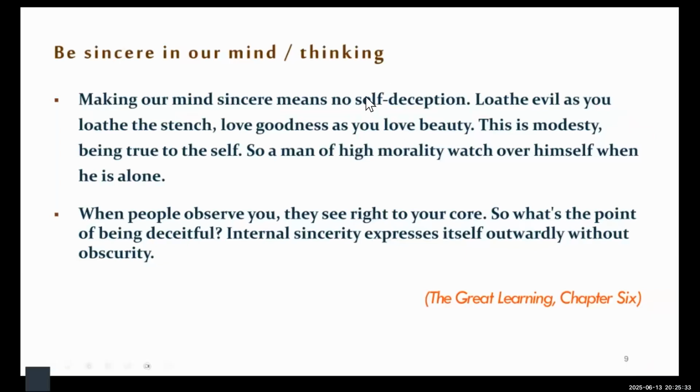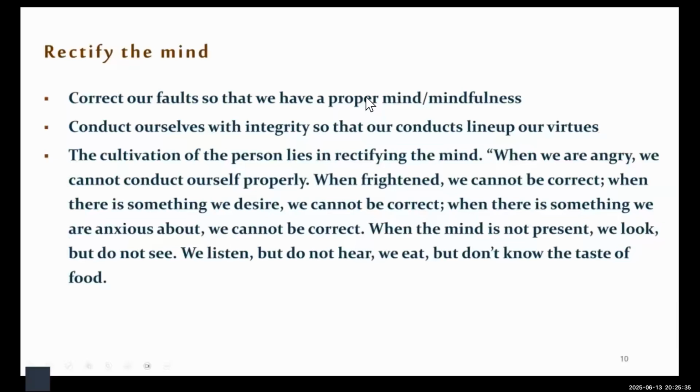Have to rush now. The next part is to rectify the mind. It means we have to correct our faults so that we can have a proper mind or mindfulness. As we all know, we have come through cycles of reincarnation, and all this time we build up things not so proper, not so desirable.